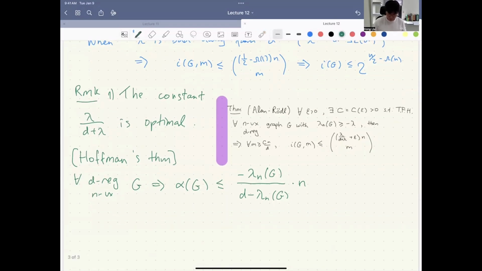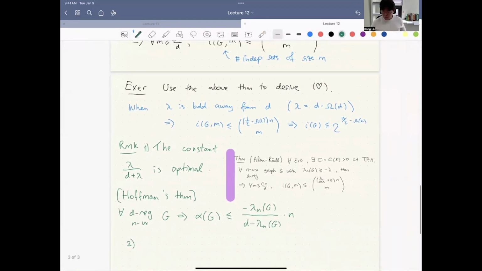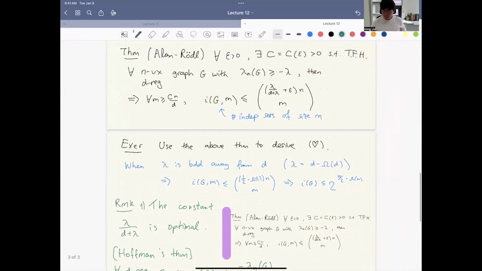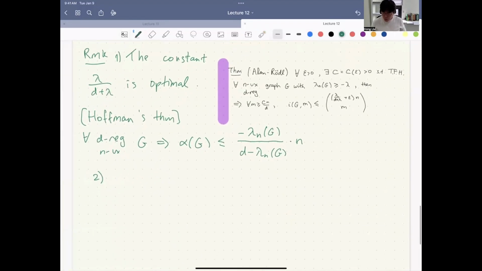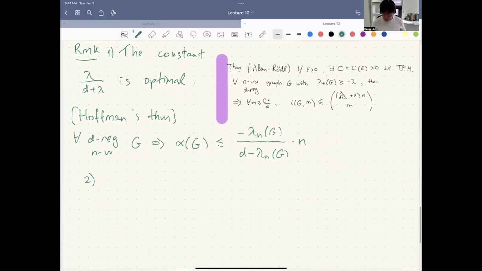Second remark is that, so what else can we remark on? Look, obviously we should remark on this constant, and also why only from m is at least some large constant times n over d.